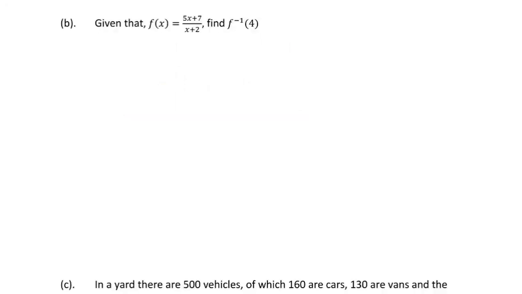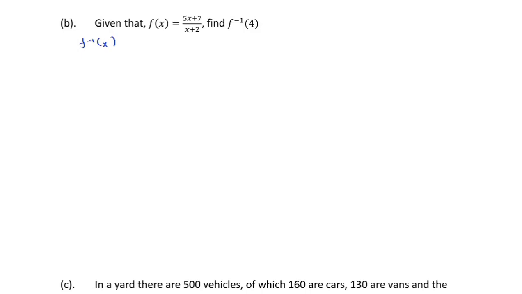Part B of the question: given that f(x) = (5x + 7)/(x + 2), find the inverse function of 4. Okay, so to find the inverse function of 4, let us first find the inverse function of x.